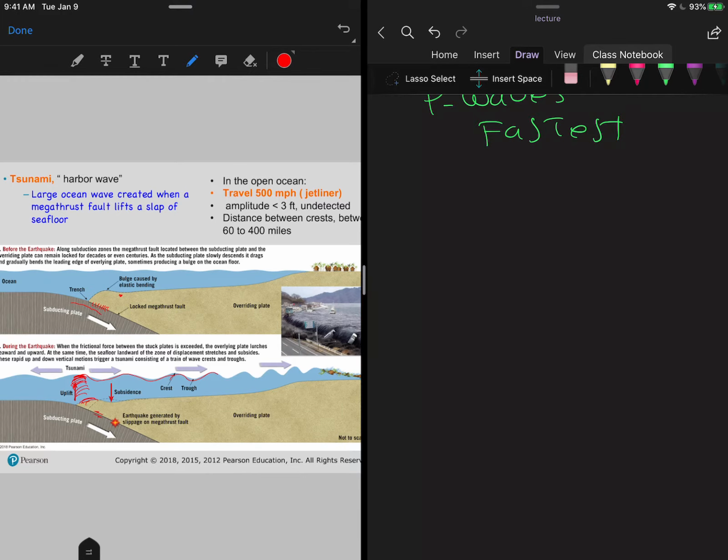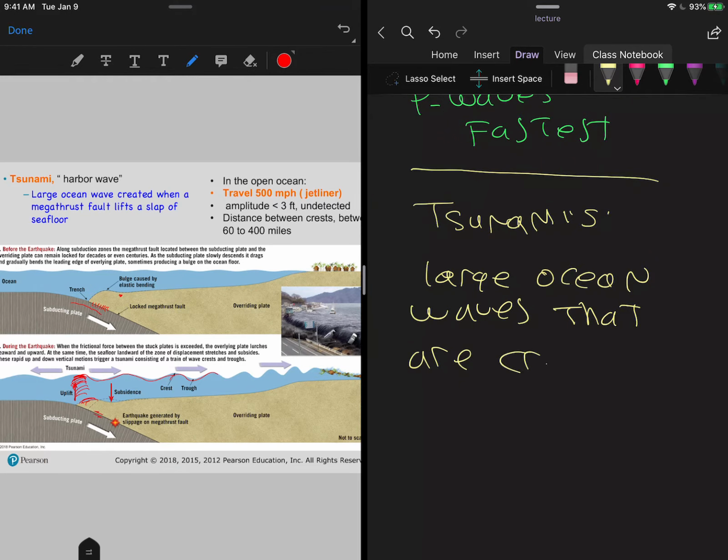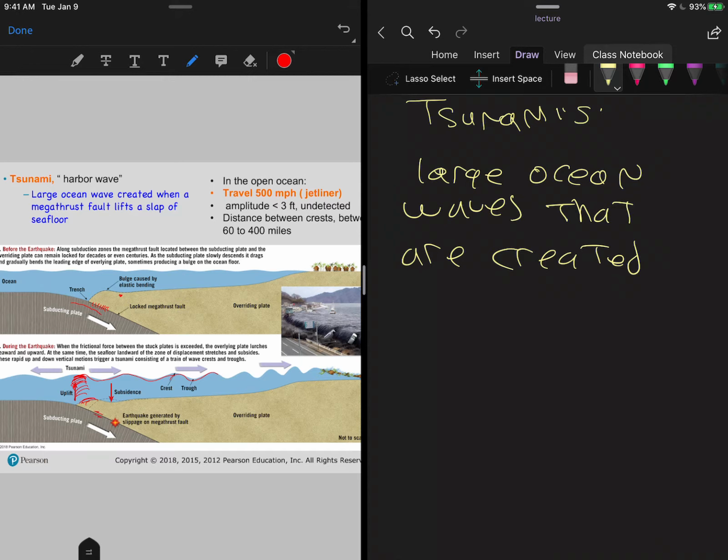So let's just define what we can for now. First of all, tsunamis are large ocean waves that are created when megathrust faults lift a huge slab of the ocean floor.